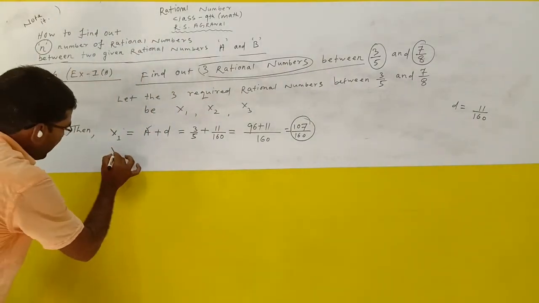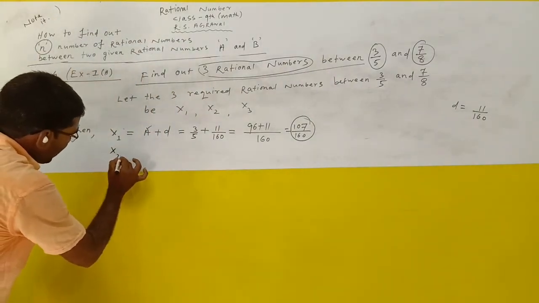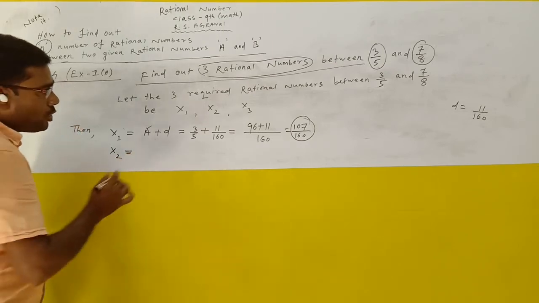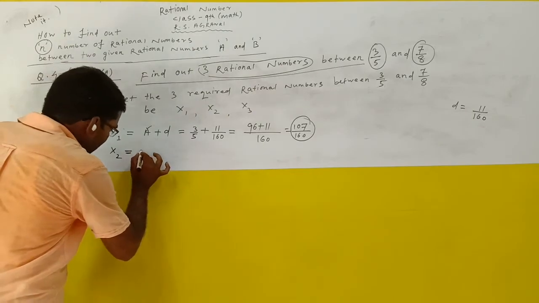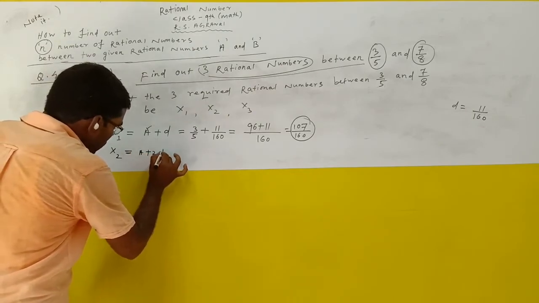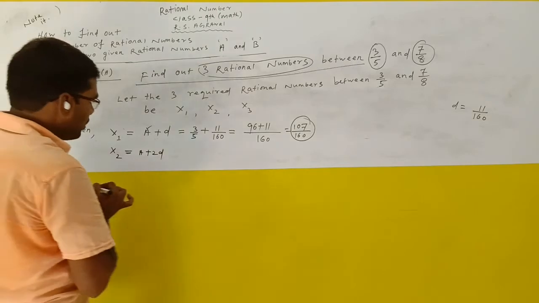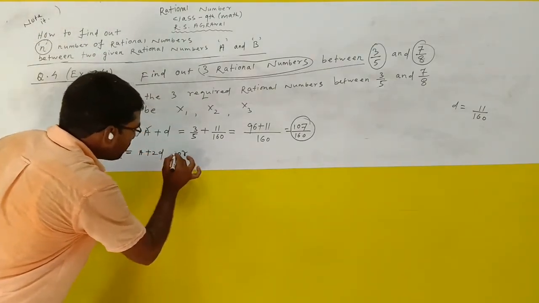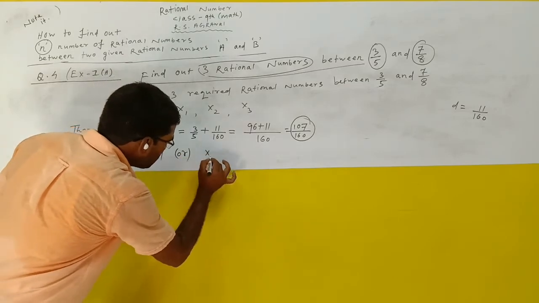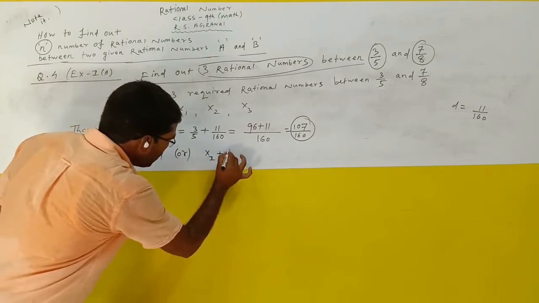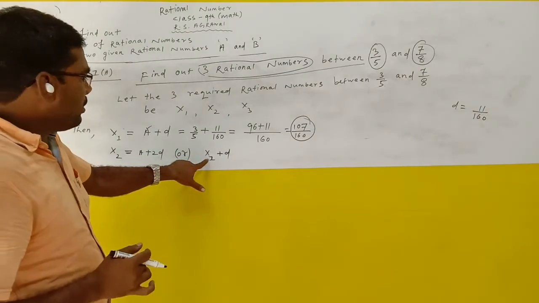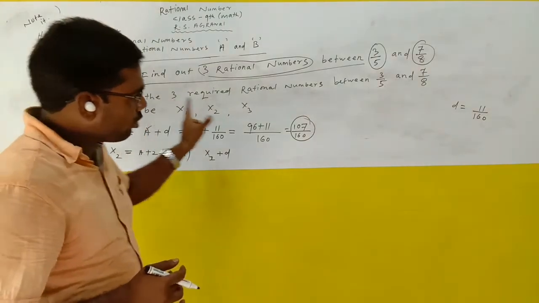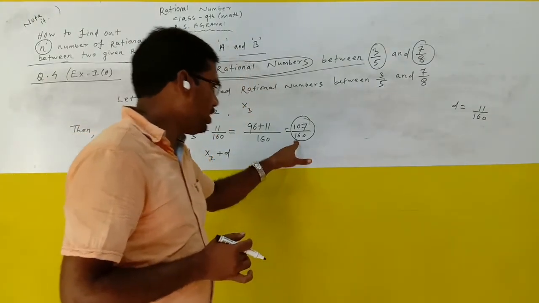Now your second required rational number, that is x2, will be equal to a plus 2d, or you can write it as x1 plus d. x1 indicates the first required rational number. Already you have found it out, that is 107 by 160.